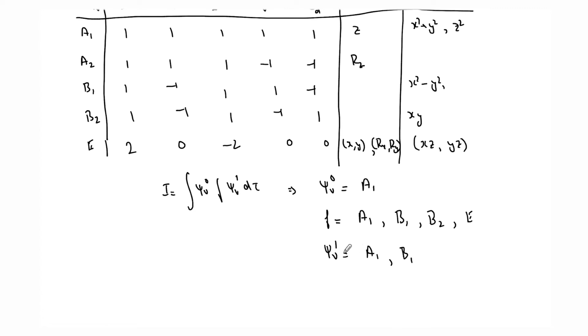That means the basis for psi v1 can be a1, b1, b2, and depending on what is the actual function, accordingly psi v1 will have different basis sets, right? So these will have non-zero I, because this direct product will contain a totally symmetric representation, right?